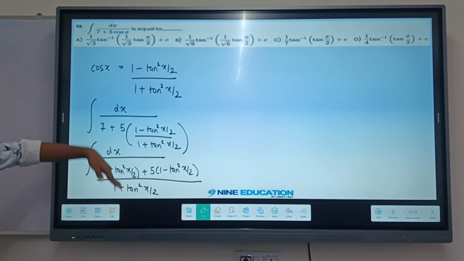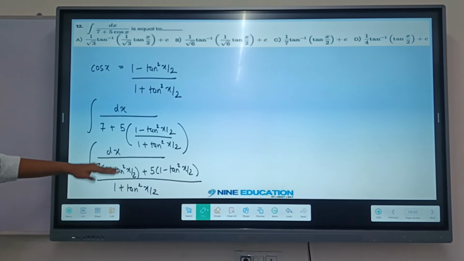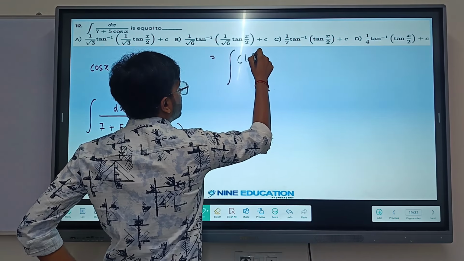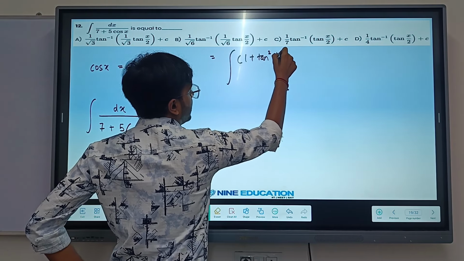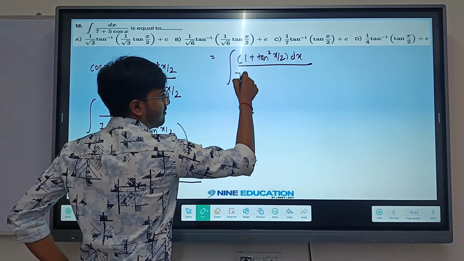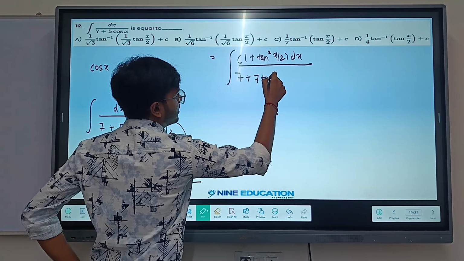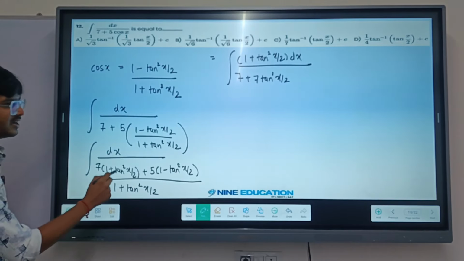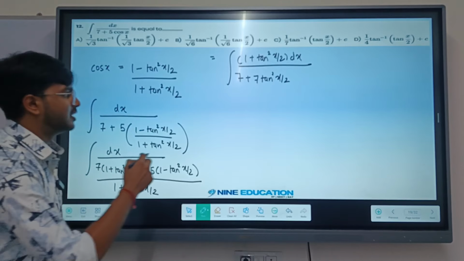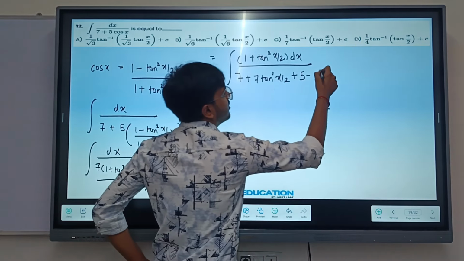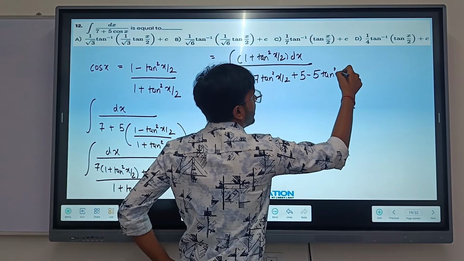I'll send this 1 plus tan square x by 2 up in the numerator. So what will I get? Integration 1 plus tan square x by 2 dx divided by 7 plus 7 tan square x by 2. How did I get 7 plus 7? Multiply the 7 inside. 7 plus 7 tan square x by 2 plus 5 minus 5 tan square x by 2.